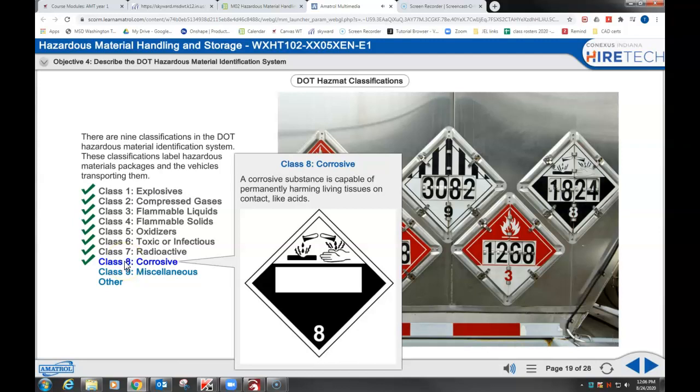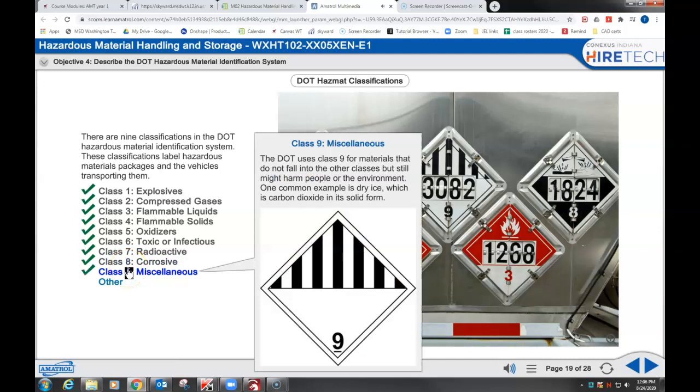A corrosive substance is capable of permanently harming living tissues on contact, like acids. The DOT uses Class 9 for materials that do not fall into other classes, but still might harm people or the environment. One common example is dry ice, which is carbon dioxide in its solid form.